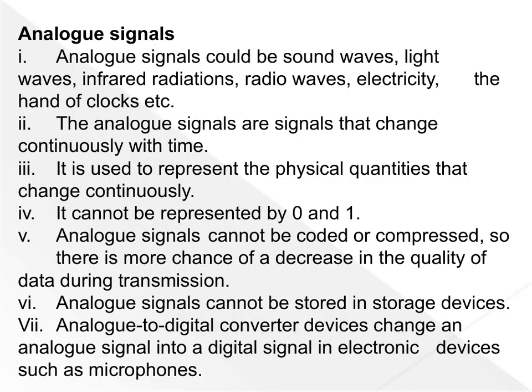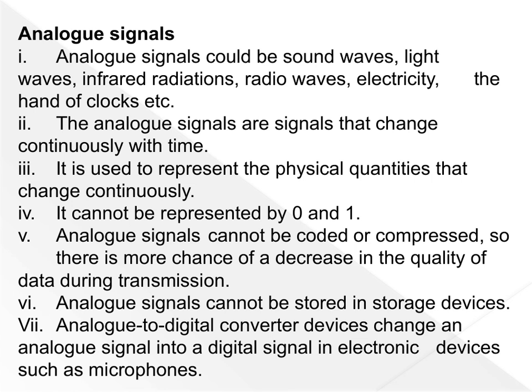These signals include things like sound waves, light waves, infrared radiation, radio waves, electricity, and even the movement of clock hands. They are characterized by changing continuously over time, which means they can represent physical quantities that also change smoothly without breaks. Because of this continuous nature, analog signals cannot be simply represented by binary digits like zeros and ones.